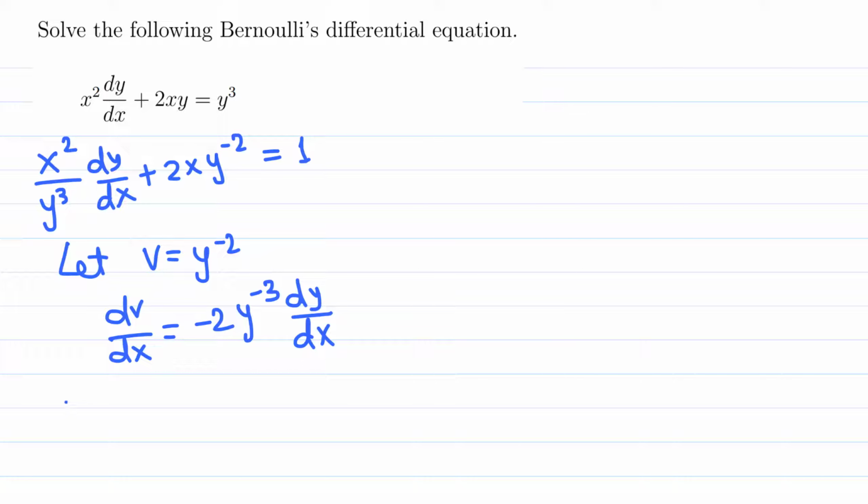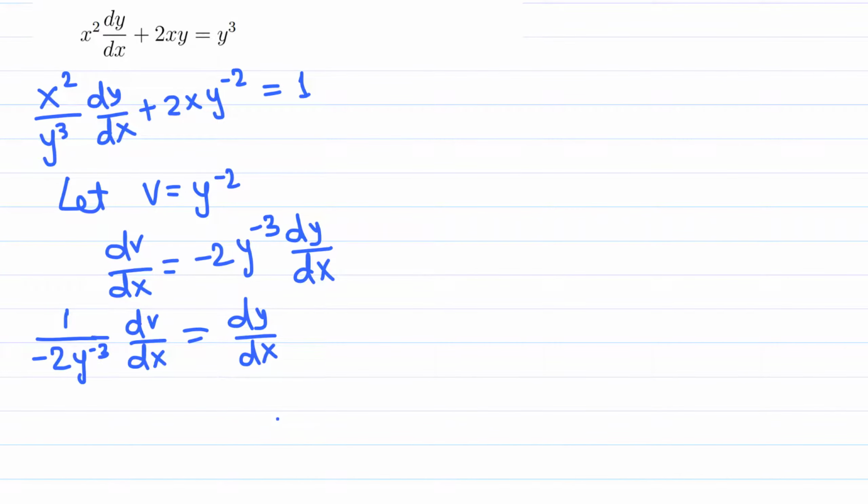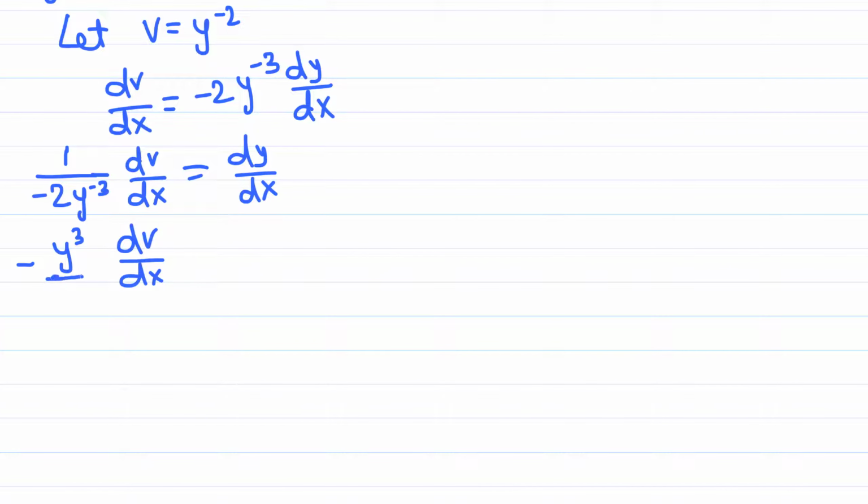Divide both sides by negative 2y to the negative 3: 1 over negative 2y to the negative 3 times dv over dx equals dy over dx. We can simplify the left hand side a little bit: move y to the negative 3 to the top, so y to the positive 3, over negative 2, times dv over dx equals dy over dx.